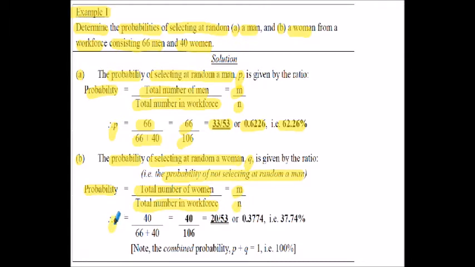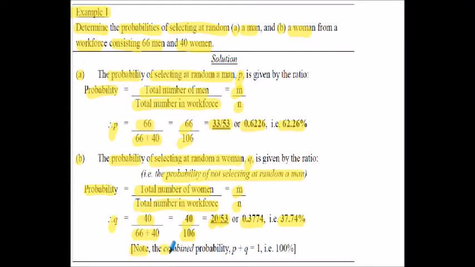So in this case, Q is equal to 40, the total number of women in the workforce, over again the total workforce. So 40 upon 106 cancels down to give a proper fraction of 20 upon 53 as my probability, or in decimals 0.3774 to 4 decimal places, or 37.74%.